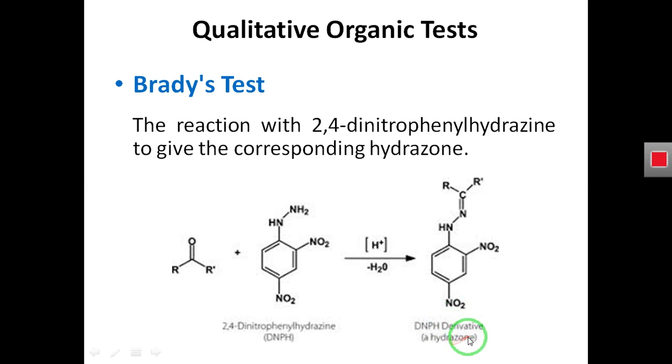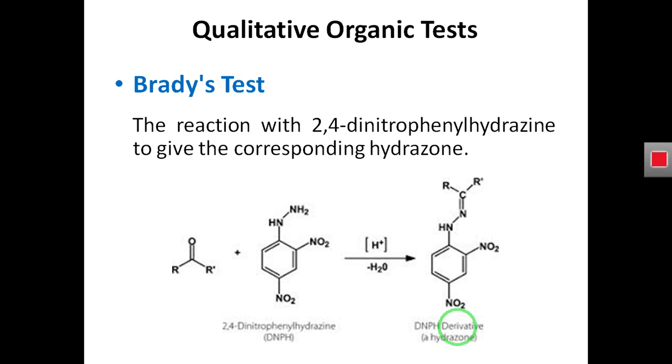As the name indicates, from hydrazine, it will be hydrazone, and we can see here that in this reaction, this ketone is adding up here. So this is the derivative of the ketone, and it will give an identification color that will be brown in nature.